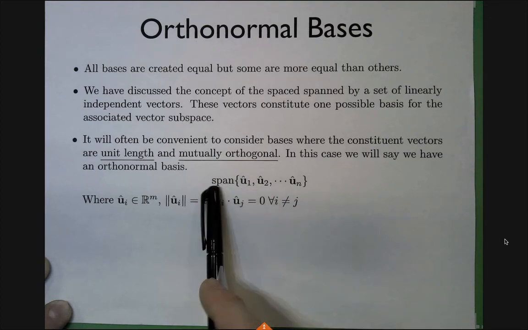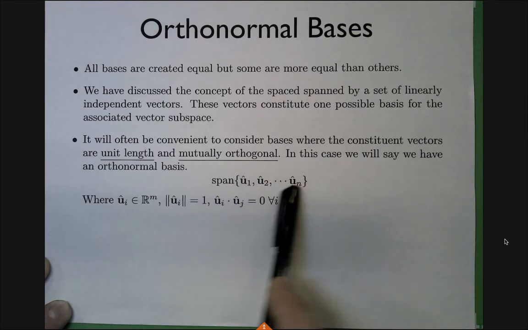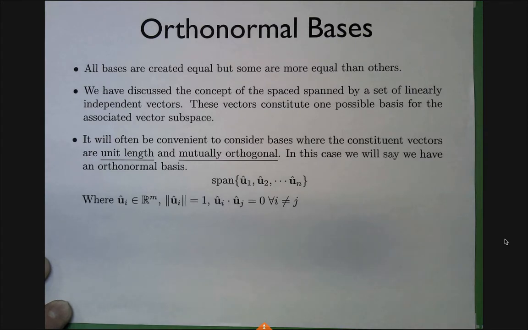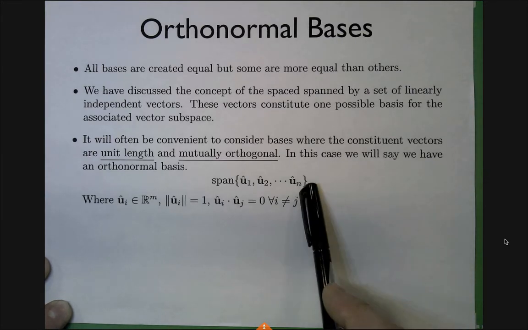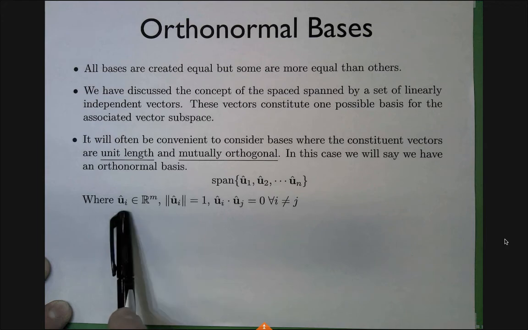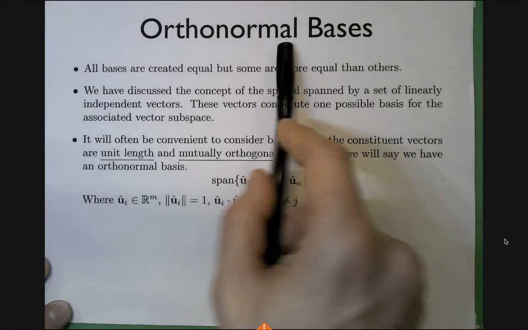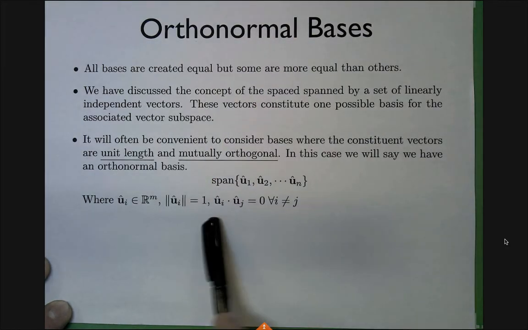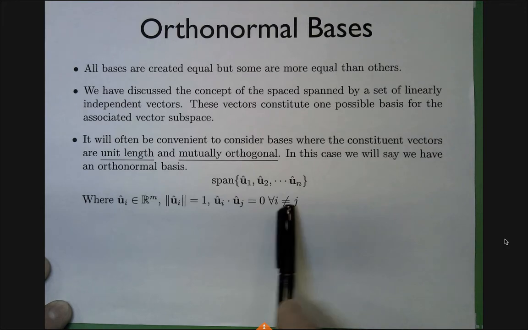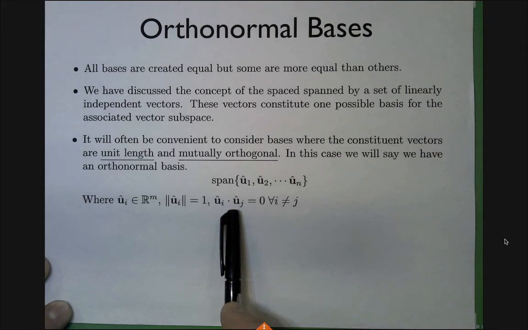So it's still a basis, so it still generates the entire space, but the basis vectors have the property that they have unit length. That's what the normal means. And then the dot product for two different ones is 0, so they are mutually orthogonal.